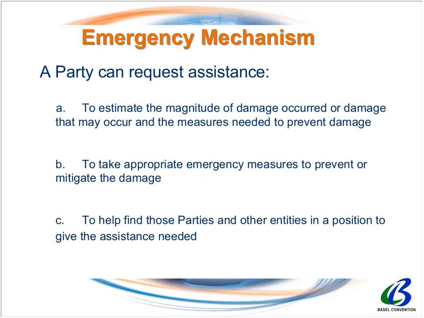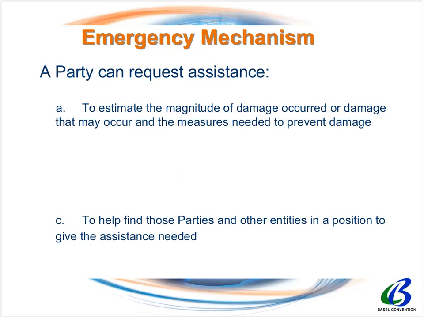This is a way to act in a very rapid manner. Also to take appropriate emergency measures to prevent or mitigate the damage, and to help find those parties and other entities or organizations in a position to give the assistance needed to developing countries and economies in transition. This is the first part of the emergency mechanism.